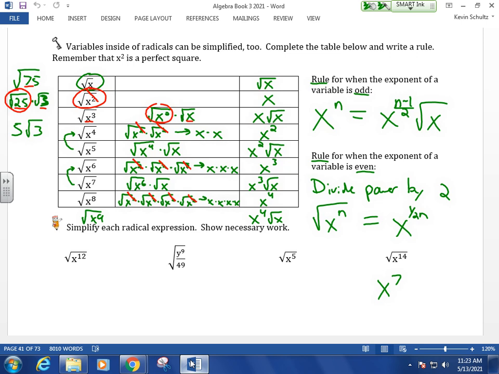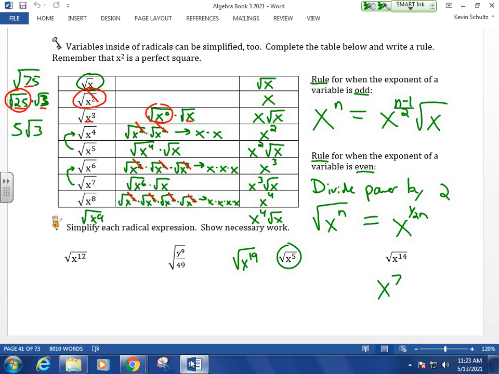So I don't have a good one here. Since we already have this one in the chart, let's pretend this was x to the 19th power. What's that going to be when we simplify it? We're going to subtract 1 from the power.